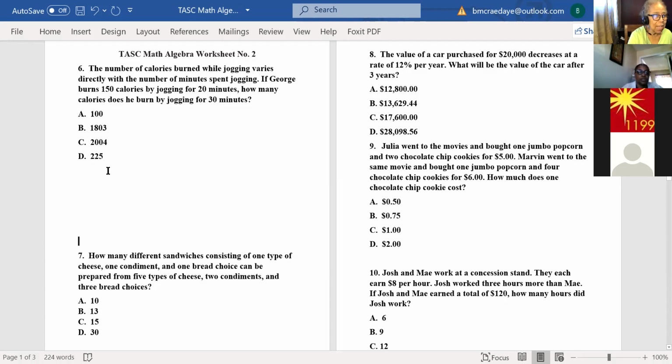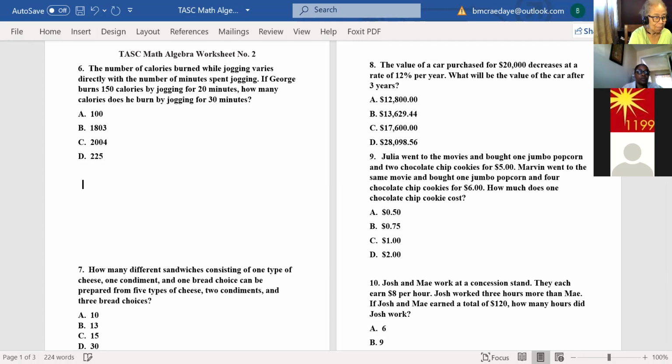Vanessa, how would you set this up as a ratio and proportion? Vanessa, you're on mute. How would you set this problem up as a ratio and proportion? Now, we said you could do it as mental math. That's the way Maureen did it, which is perfectly fine, which is the way I would do it.